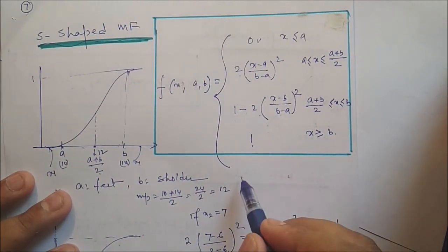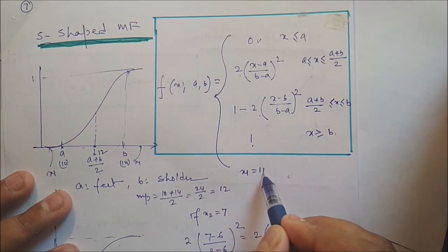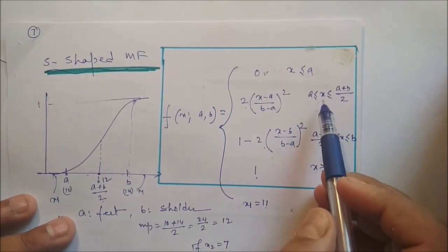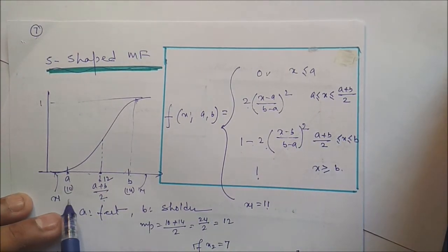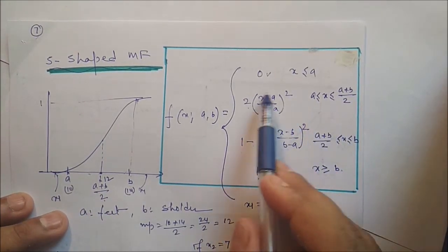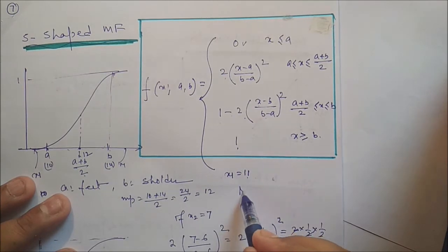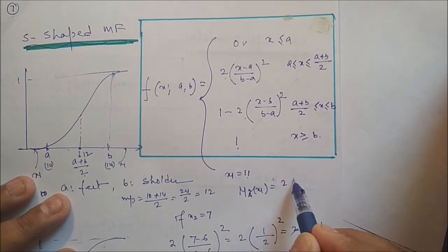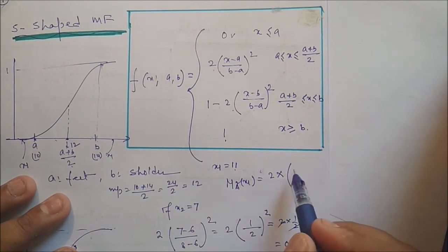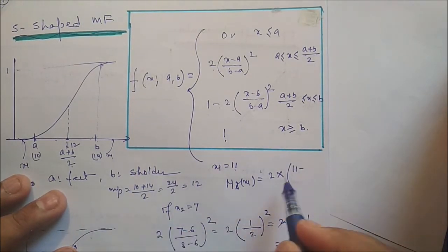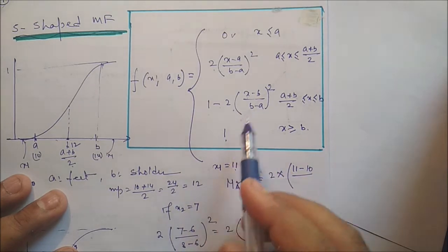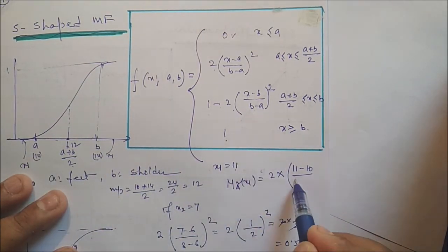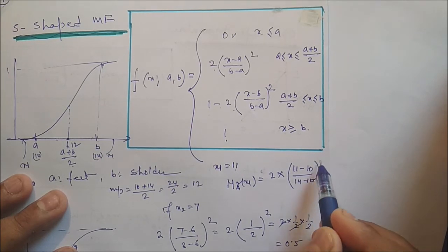If the value of x1 is equal to 11, then what should be the associated membership value? 11 is in between 10 and 12, so we have to apply this particular formula. The membership value should be 2 into x minus A, so 11 minus 10, divided by B minus A, so 14 minus 10, and whole square.